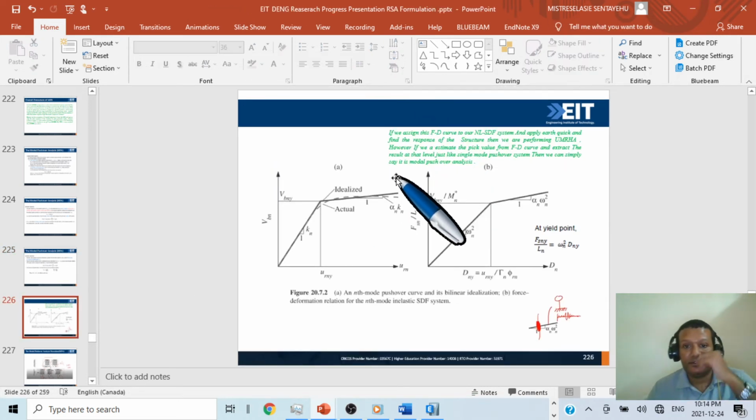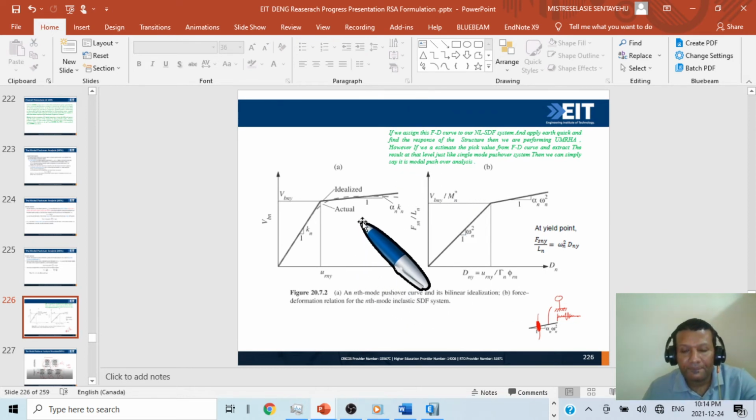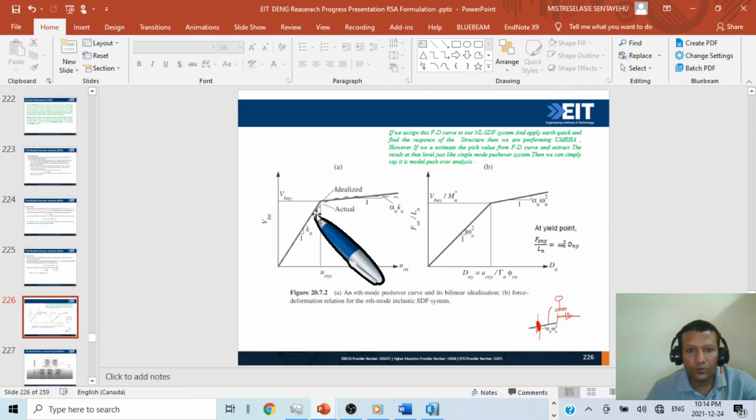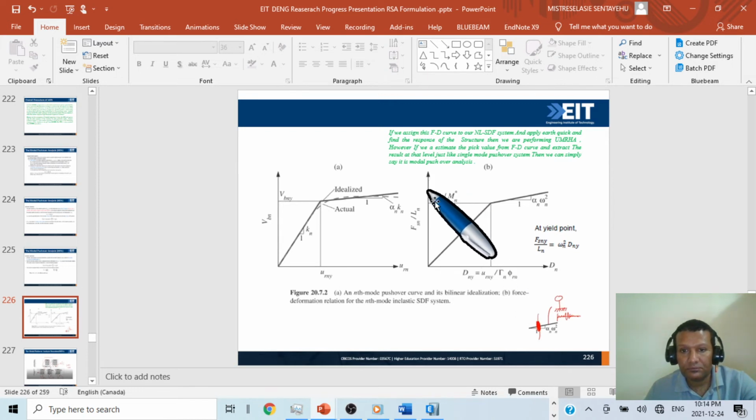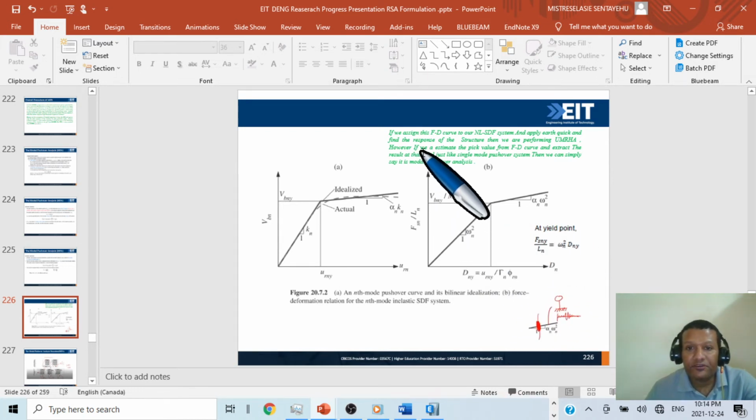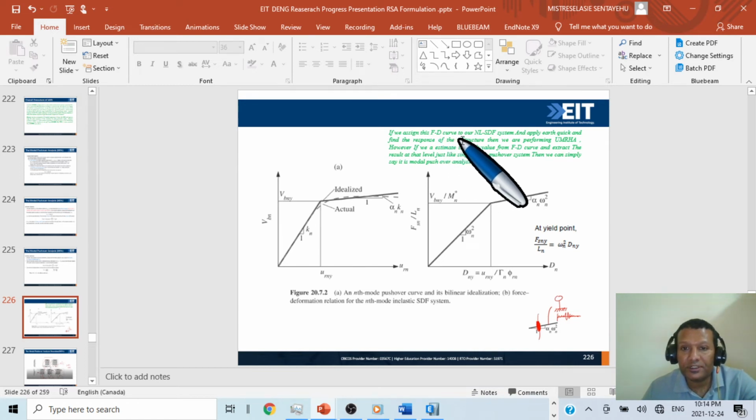This is how we change. This is our force deformation curve, so we have the idealized curve, and we change it into this curve. If we assign the force deformation curve to our nonlinear single degree of freedom system, apply an earthquake, and find the response of the structure, then we are performing UMRHA, that's all.